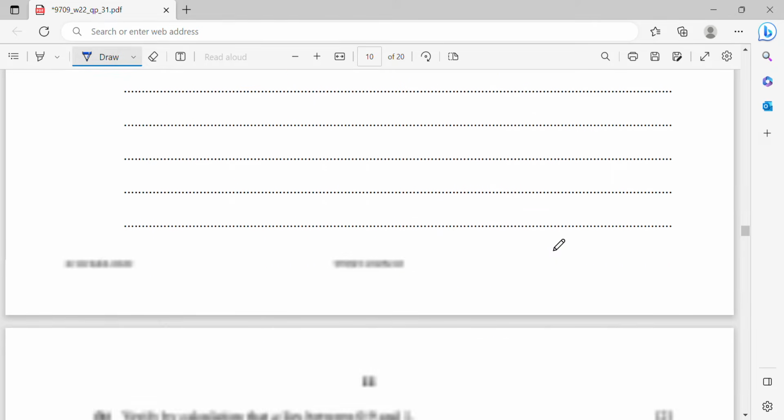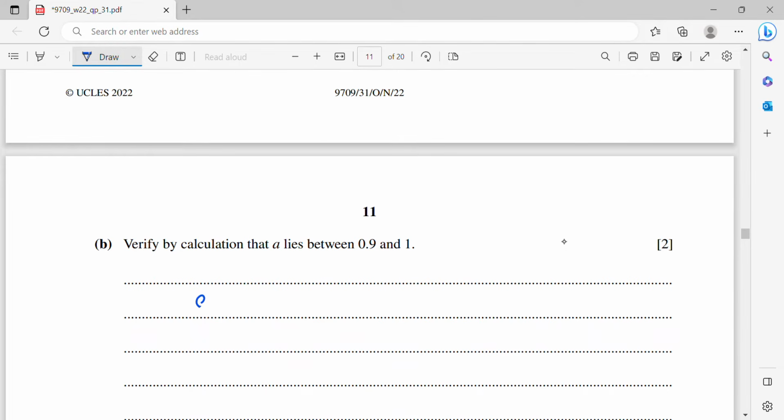So I will get a minus inverse cos of the cube root of cos a plus 2a sin a over 12 equals 0. Then I will let all the terms on the left hand side be f(a).